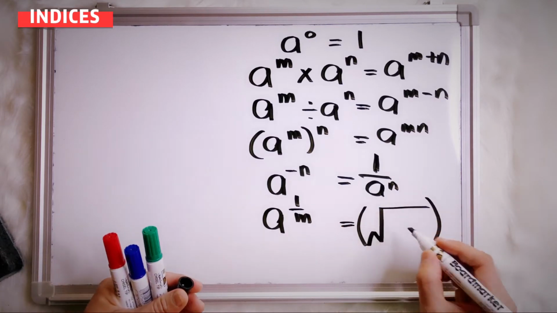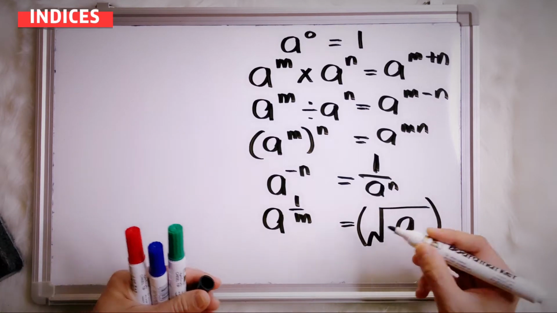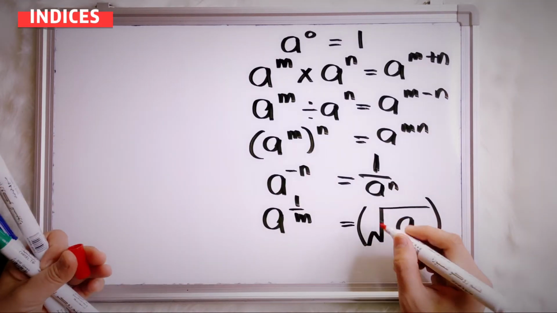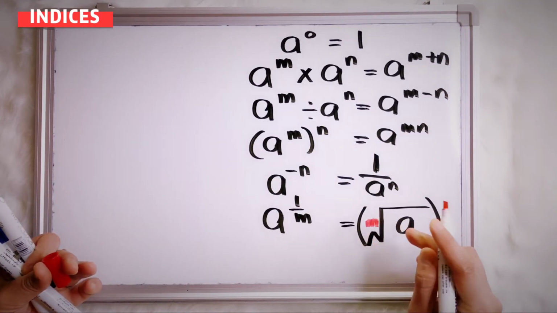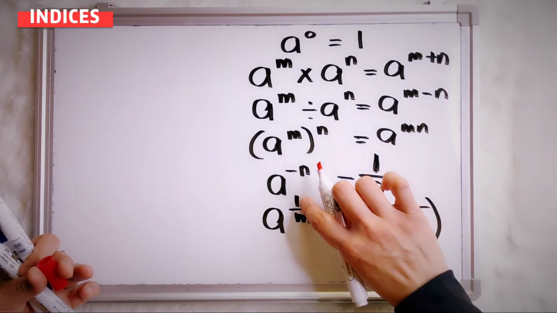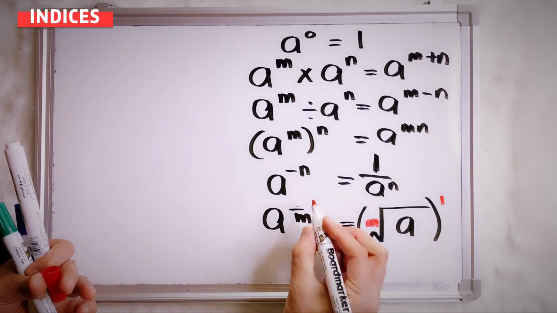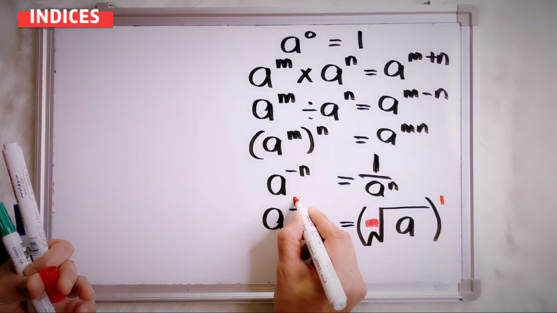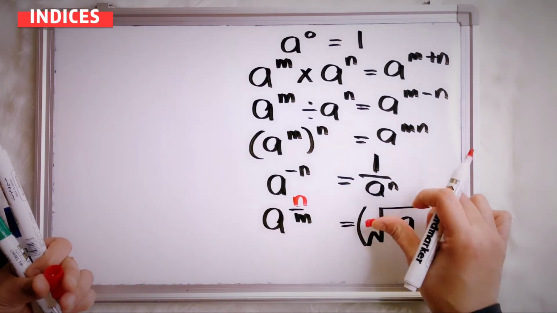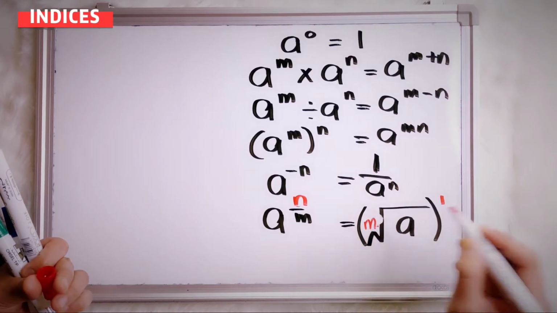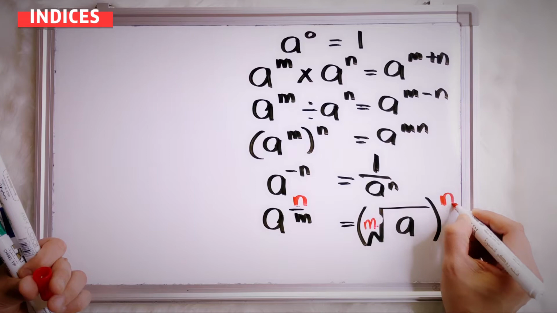You see here is a, now your m will be here, and your number 1 will be here. Let's say I put here n. So your m will be here, and your n will be outside.